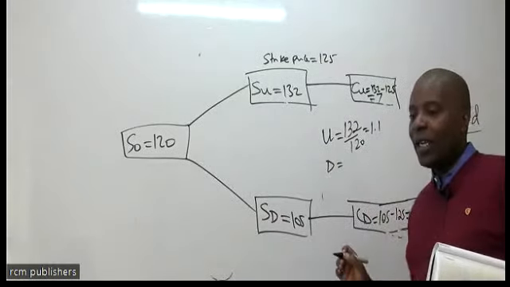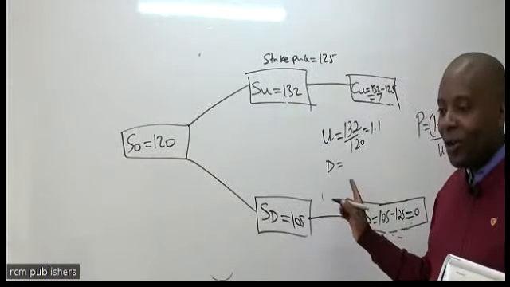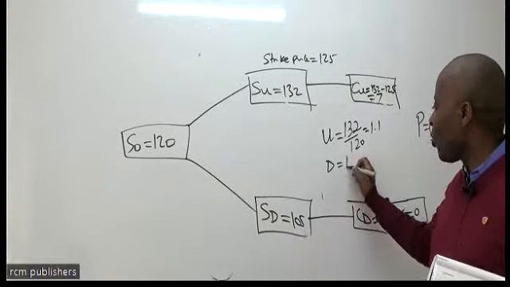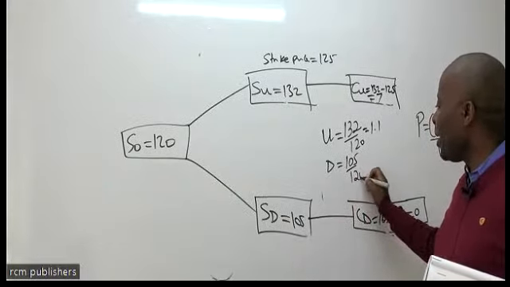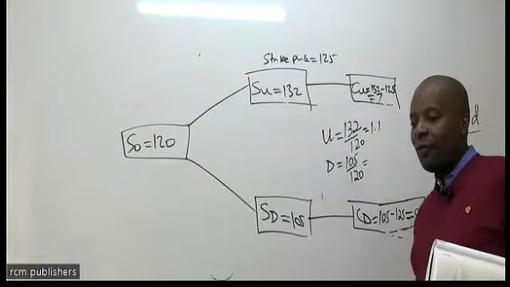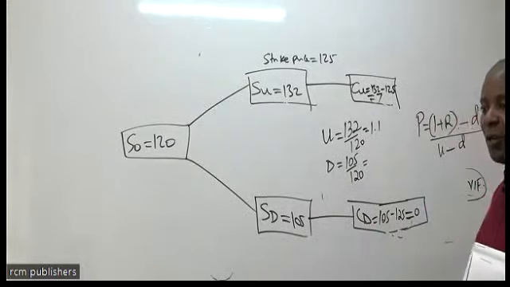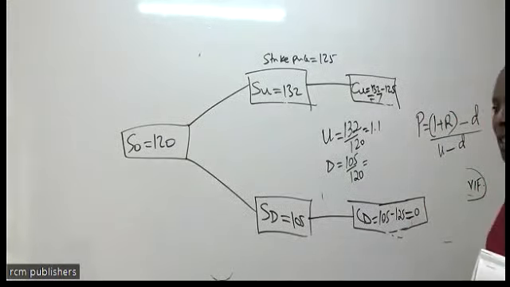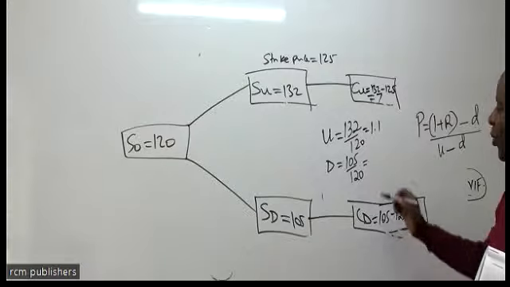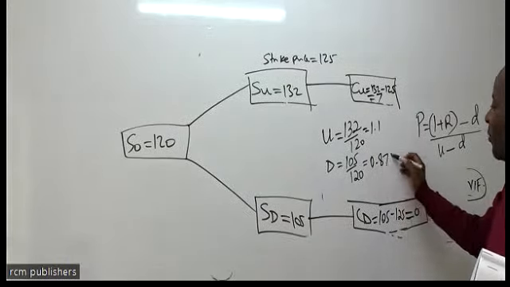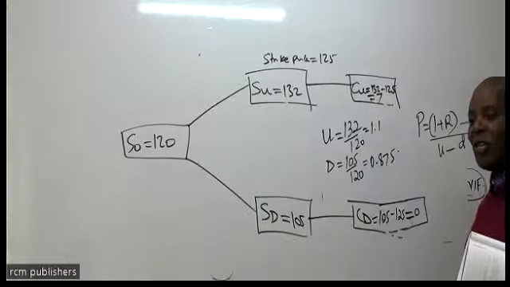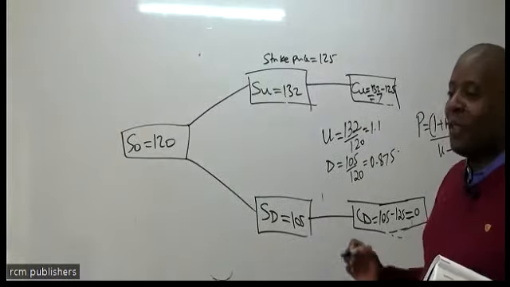How about the downward? Downward, I'm taking 105 over 120. This one here is general. Which comes to 0 point, what is going to be 0.875 like that? Yes. So then could you kindly give me the PU?